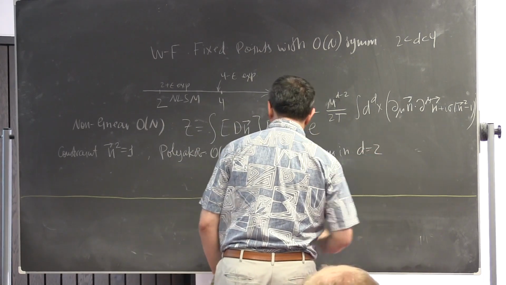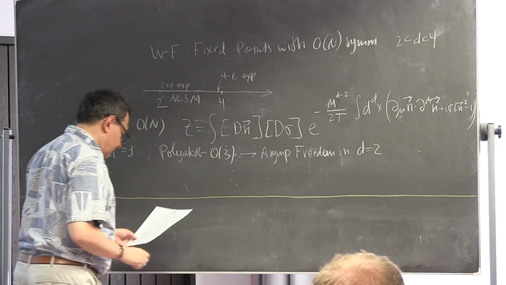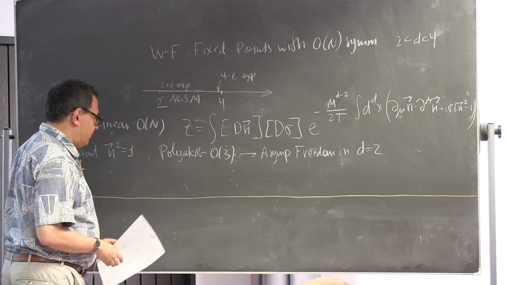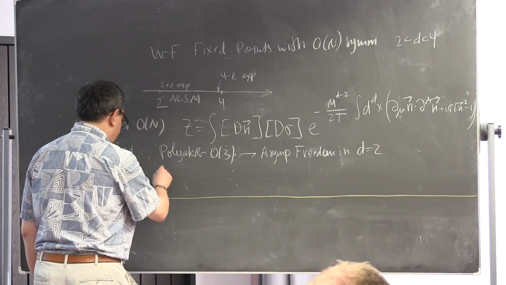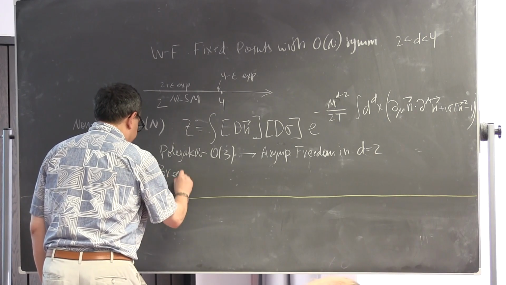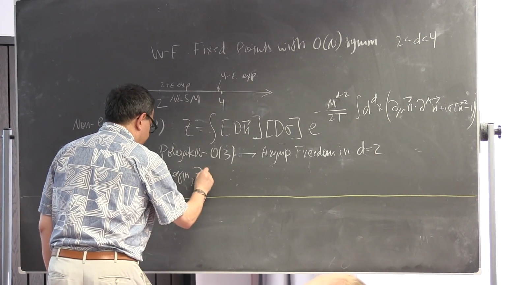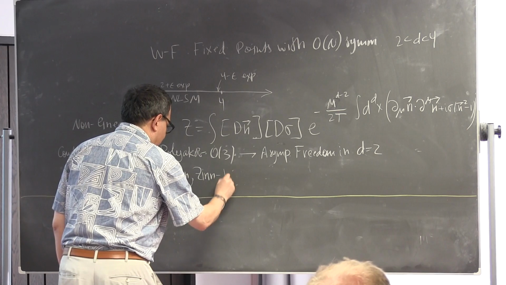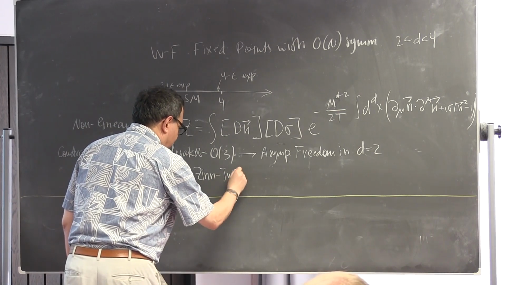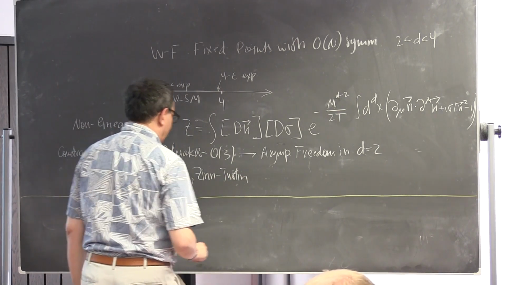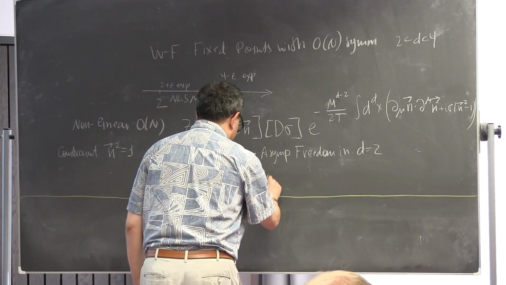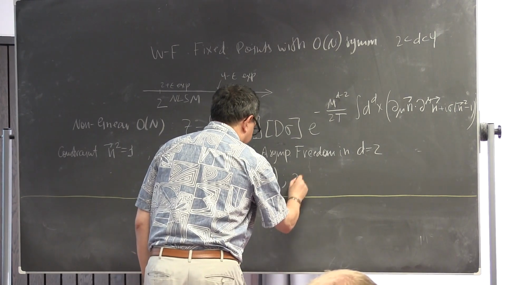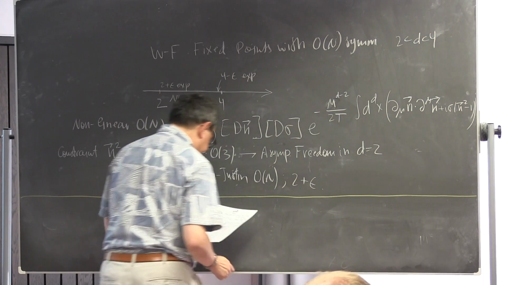This was before my time, of course, but another important paper I know about is by Brezin and Zinn-Justin, who took the full O(N) model and developed the 2 plus epsilon expansion for it.